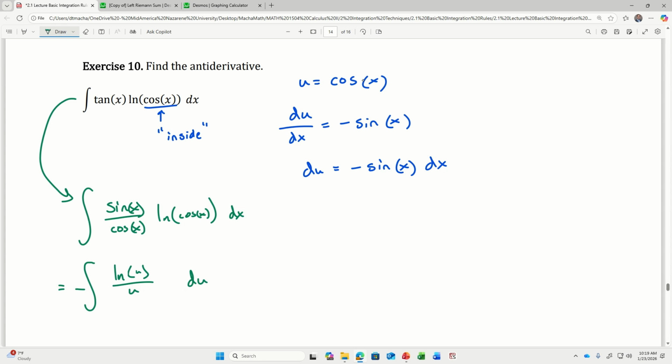Now I'm stuck with this antiderivative of u to the negative 1 power times natural log of u. Well, that's something you might be able to do with a strategy called integration by parts. We will learn about integration by parts next week, I think, if not the week after. We're going to eventually learn integration by parts, but I don't see right now with the strategies we know today how we would do that.